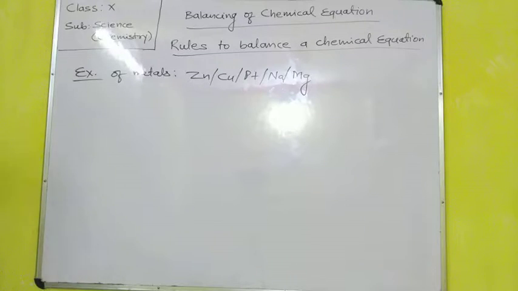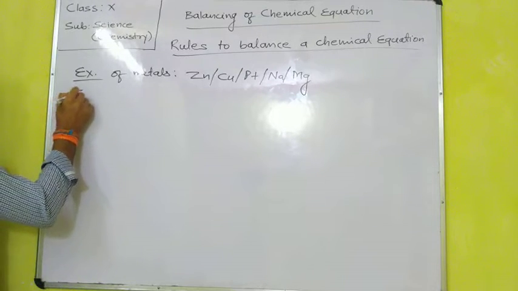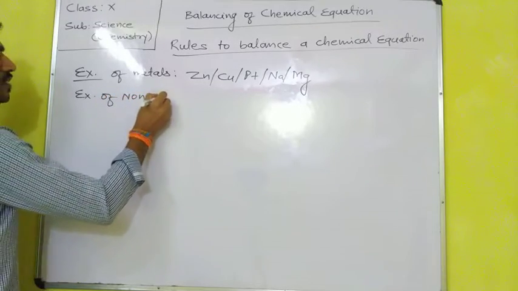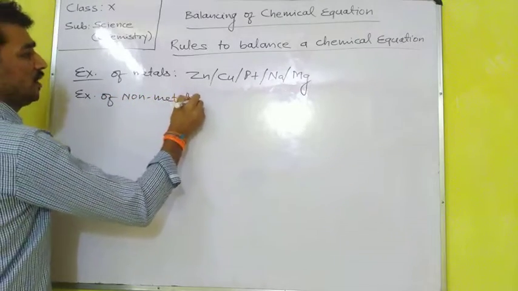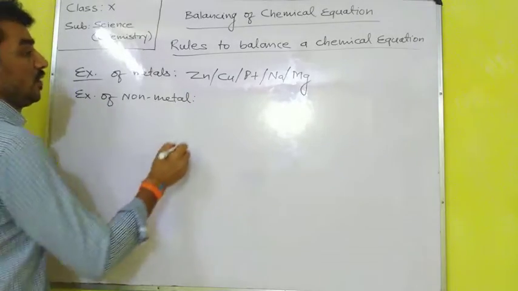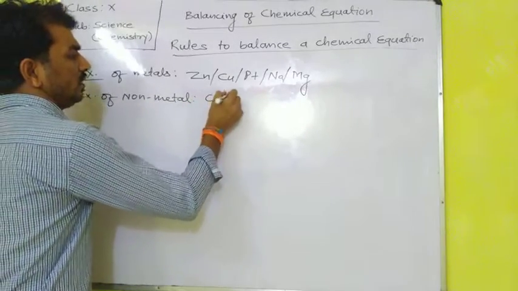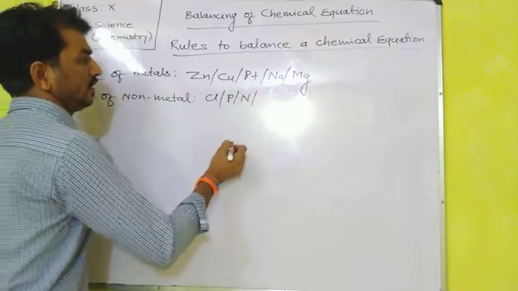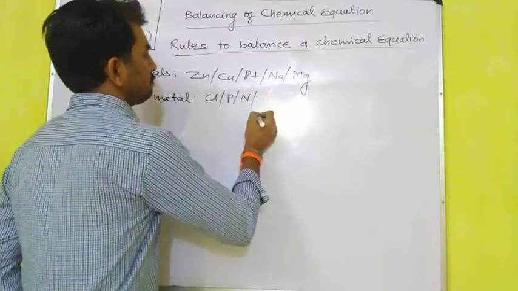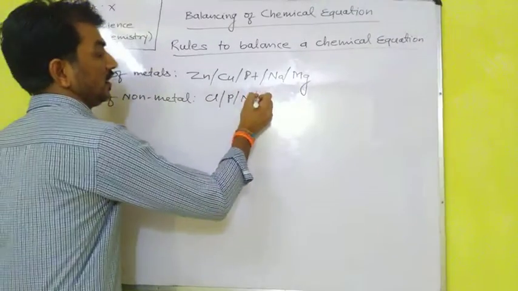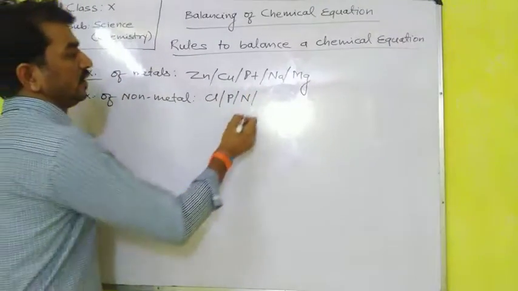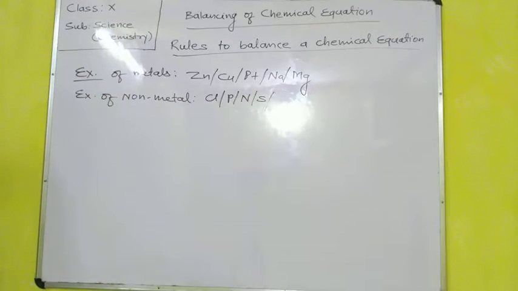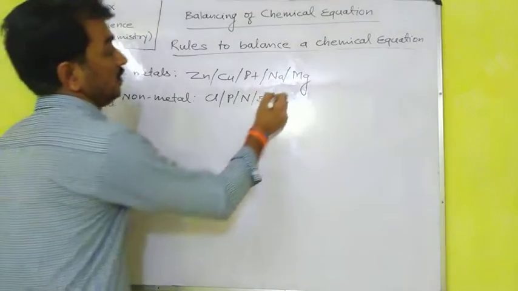And then after that, non-metals. Examples of non-metals, except oxygen and hydrogen: chlorine, phosphorus, nitrogen, sulfur, carbon.